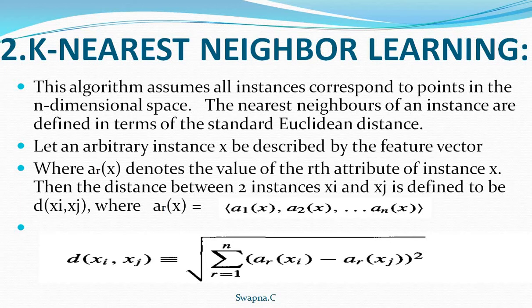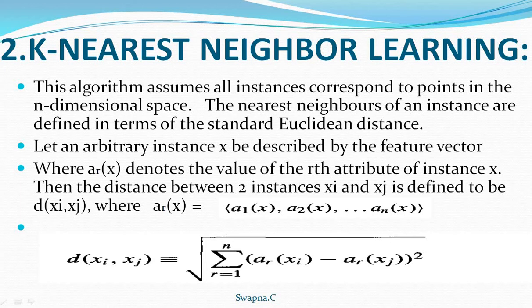Let an arbitrary instance x be described by a feature vector. The instance is described by the feature vector, where a_r(x) denotes the value of the rth attribute of instance x.